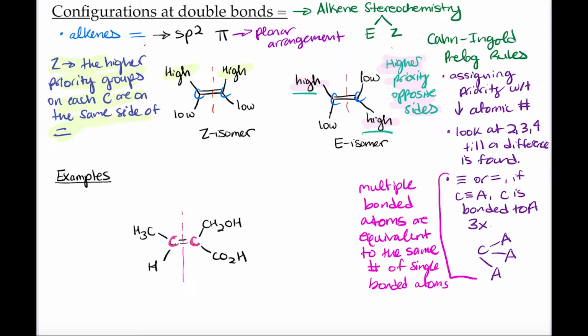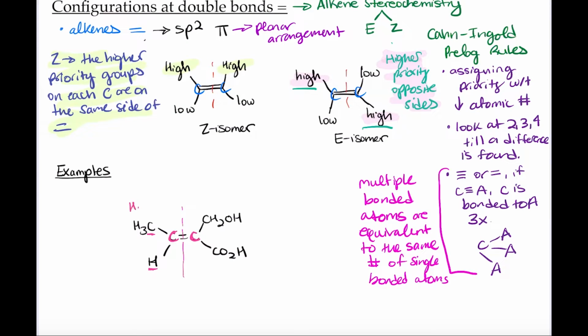So what I like to do first is assign each group if it's higher or lower based on this carbon, which is high at the top, which is low at the bottom. As you can see here, we look at the decreasing atomic number. So for this one here, we look at this carbon and this hydrogen, and you can see that this carbon has higher priority than this hydrogen.